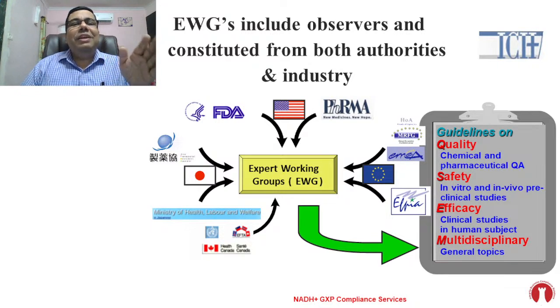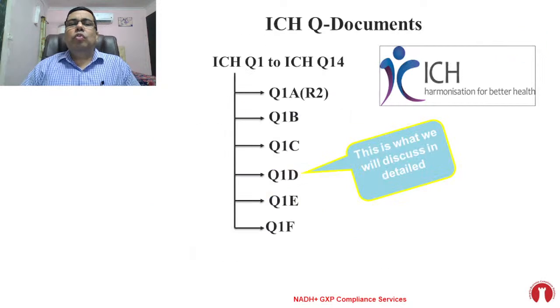So under ICH guidelines, there are 4 categories: quality, safety, efficacy, and the fourth is multidisciplinary. And we will be discussing the quality guideline, correct? Hope you are getting my point. When we discuss ICH Q, meaning the quality guidelines, there are 14 guidelines in total: ICH Q1, Q2, Q3 up to ICH Q14. ICH Q1 is specifically for stability studies.